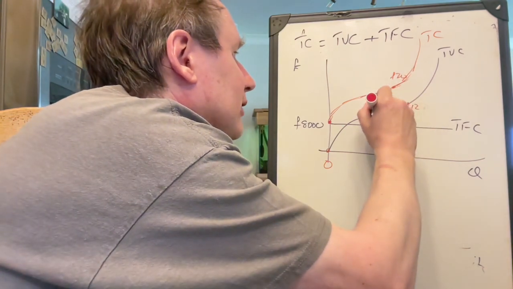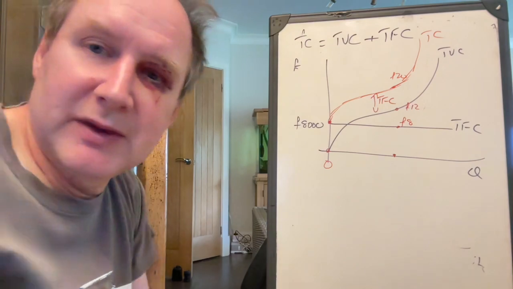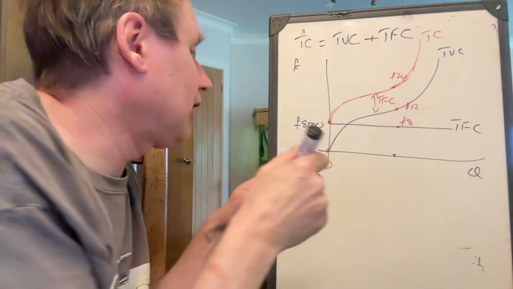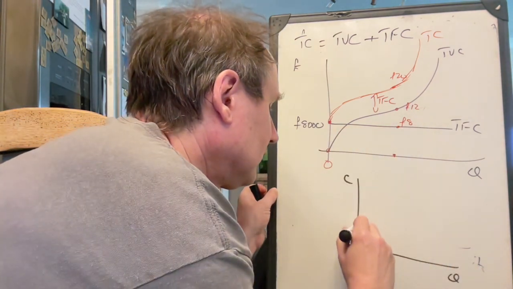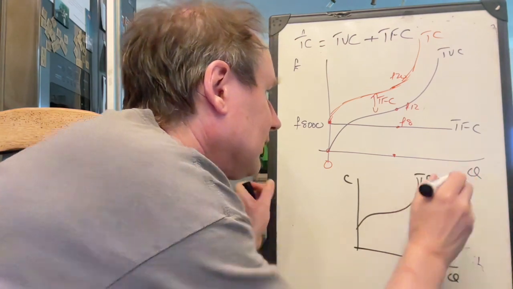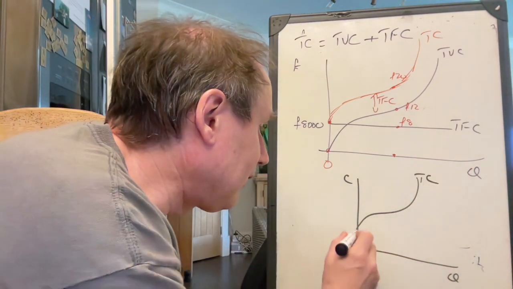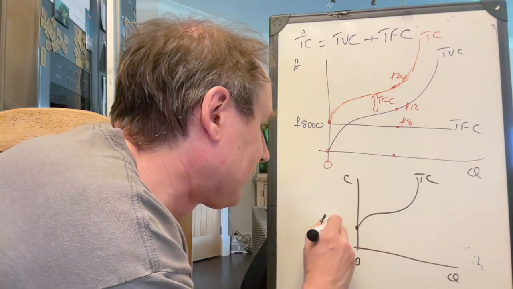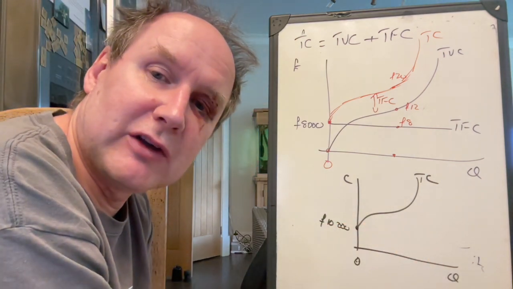And that gap in between the two, that is my total fixed cost. What that means is that if I just give you a total cost curve like that, then you know immediately how much the fixed costs are, because they're there. If output is 0 and we still have some costs, say £10,000 in this one, I know that my fixed costs are £10,000.